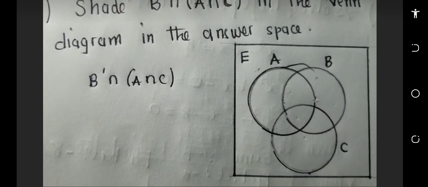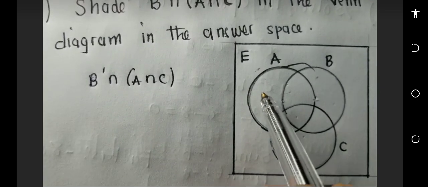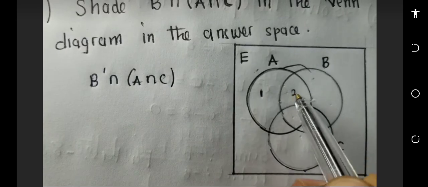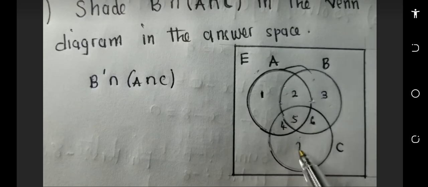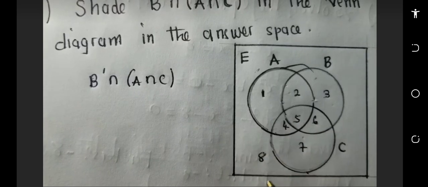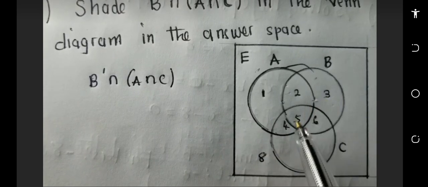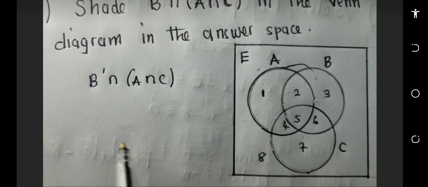So the first thing must be to just put numbers here. So 1, 2, 3, 4, 5, 6, 7, and 8. So remember, these numbers are not part of the solutions. They are there to just help you identify the region.